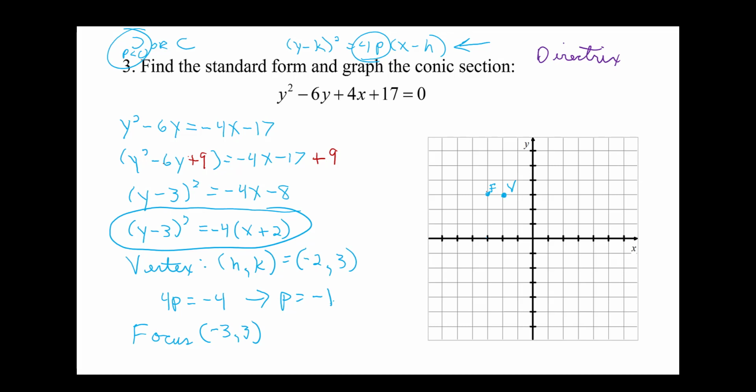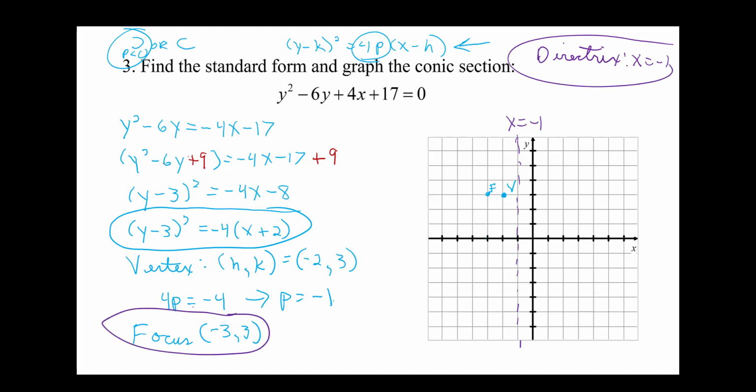And instead of going to the left by 1 unit to get to the focus from the vertex, if we go to the right by 1 unit and sketch the line, in this case the vertical line, this would be x equals -1, and that actually is our directrix, the line x equals -1. Okay, so we have the focus, we have the vertex, we have the directrix, and now let's sketch this thing.